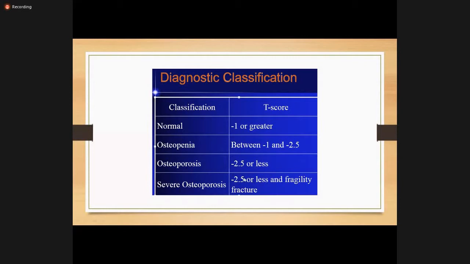Severe osteoporosis is when there is a fragility fracture. I hope this point is also cleared. If someone asks you the difference between osteoporosis and severe osteoporosis, it's not the densitometry only; to be called severe osteoporosis, you need to have fragility or low impact trauma fractures.